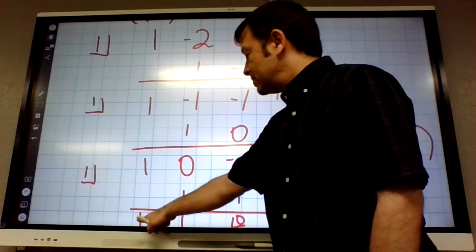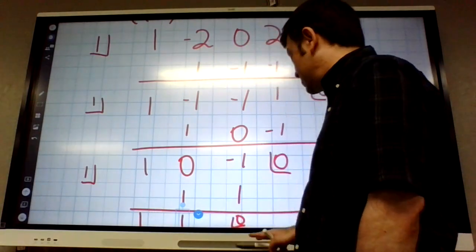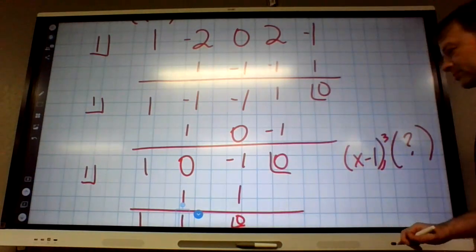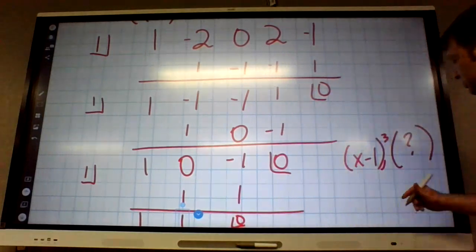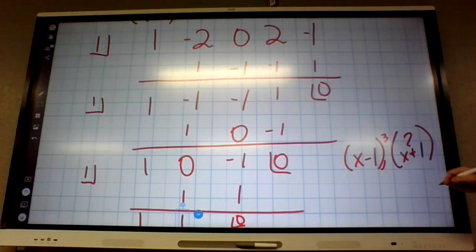Okay, so what's 1 and 1? That's 1x plus 1. So that's the mystery factor. So I got a triple root at 1 and a normal root at negative 1.